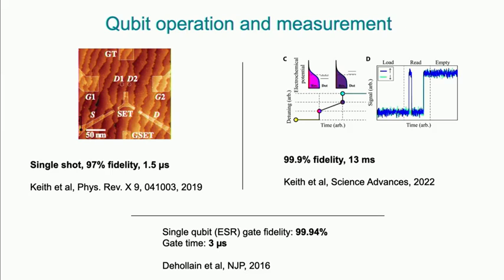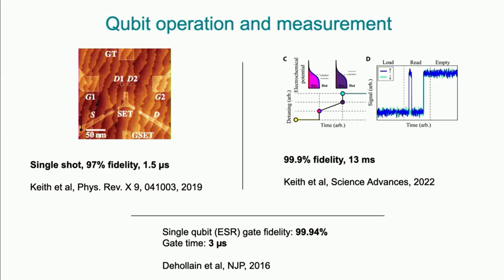The one on the right there is a new technique where you ramp the voltage as you're doing the readout, and you can read out in that way. If you're thinking about the gate fidelities for these qubits, for the electron spin, it's been measured to be 99.94% fidelity for the single qubit gates.